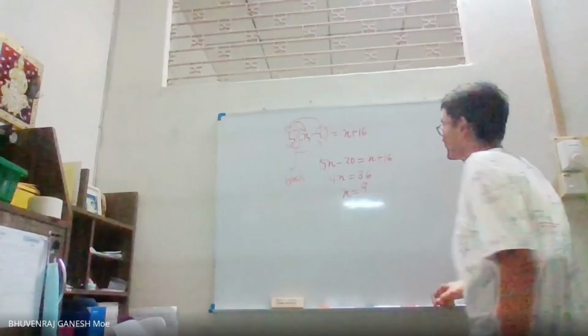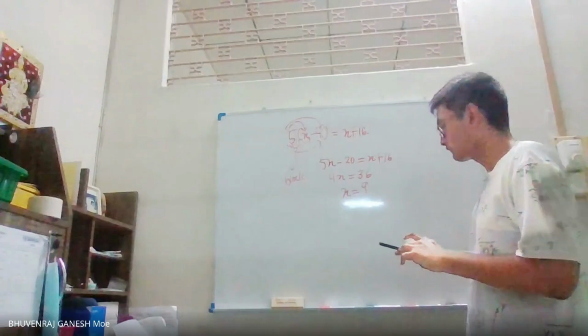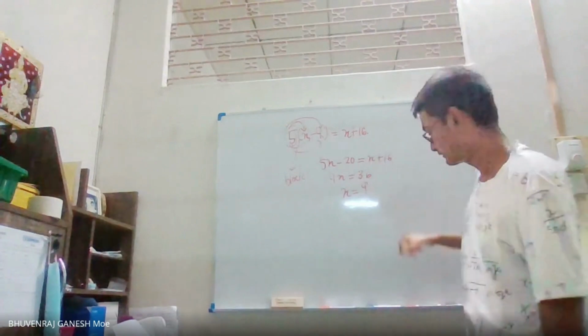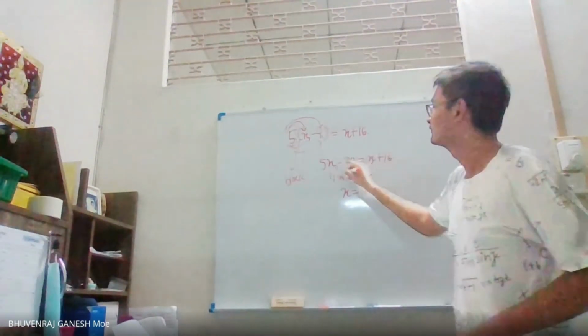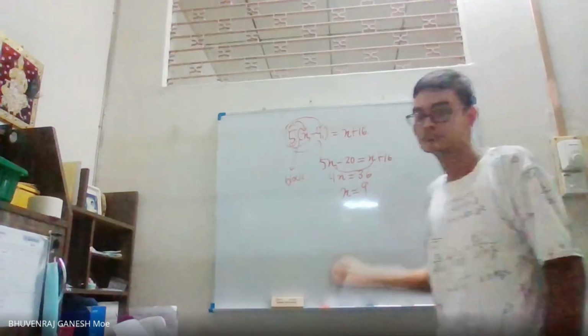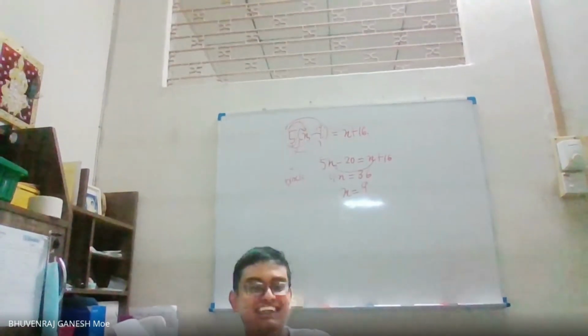The 20 plus with 16. And then the 5x and x we minus. Because x here is positive, right? So when you bring it to the other side, you become minus x. So 4x equals 36, x equals 9. Okay, so now the surprise thing is, the 9 minutes left.